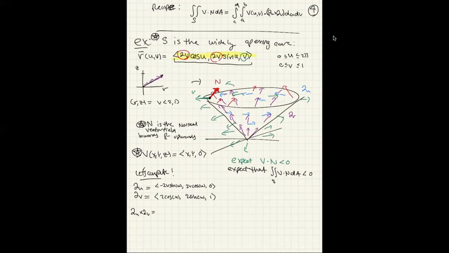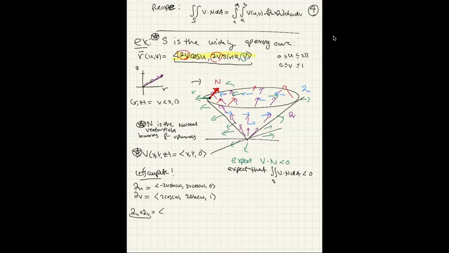If I were with you in person, I'd be using my hand to illustrate. If you start going along blue and then flip up to purple, your hand is going to be coming out of the cone. So this thing is going to give us the negative answer, which is fine. We'll actually compute it.